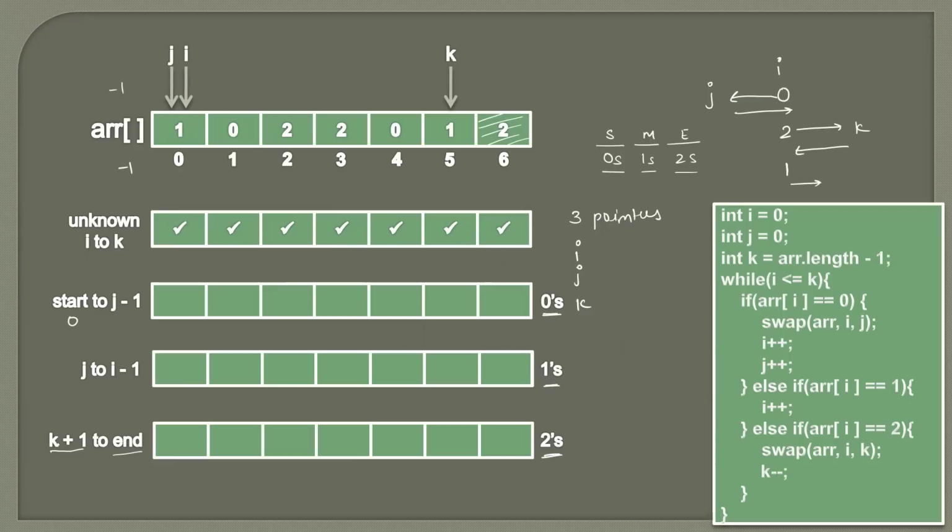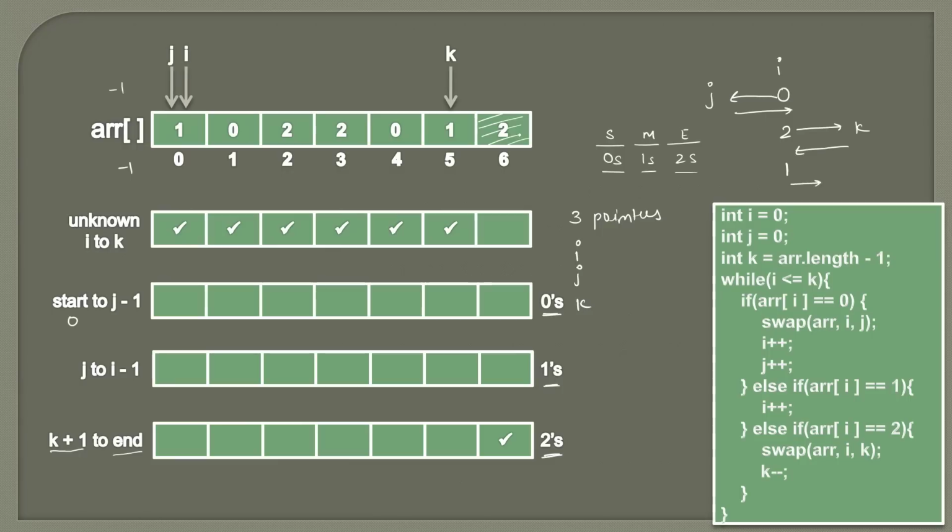So if you see here, k plus 1 is this index to the end, which is the same index. We have to mark 2's because one number is known. So this tick will go away and this tick will come here, which says that from I to k the numbers are still unknown, and only one number was known, which is placed at its correct position, so we have provided a tick here.